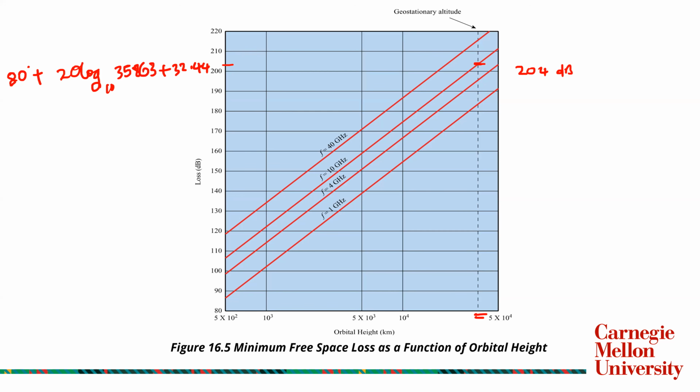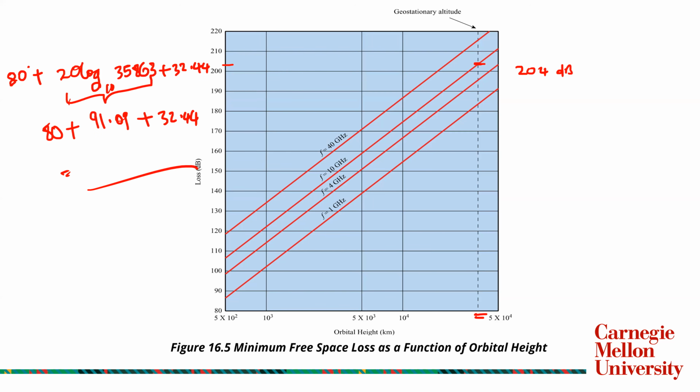So the distance term is 91.09, plus 80, plus 32.44. Does that give us around 204? Yes, it gives us 203.5.